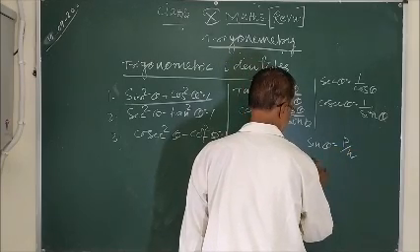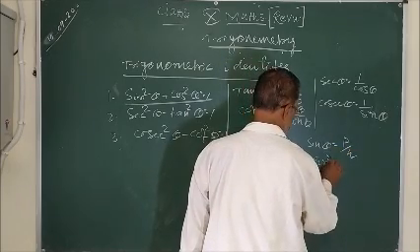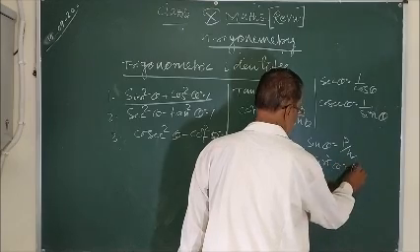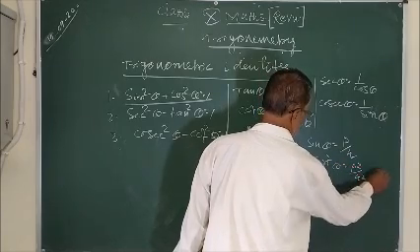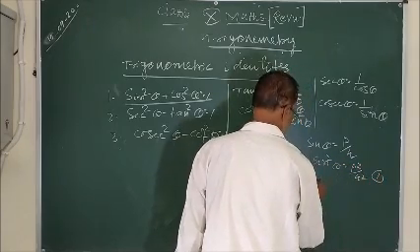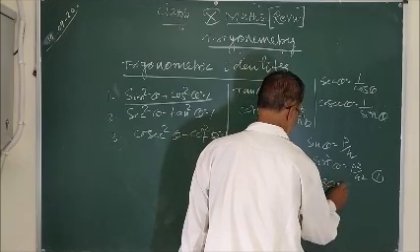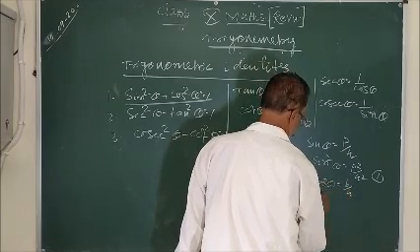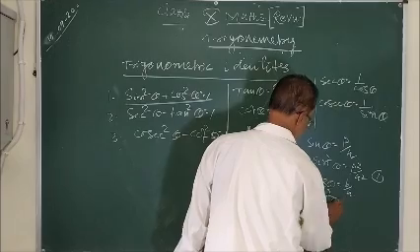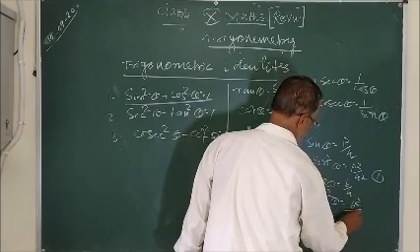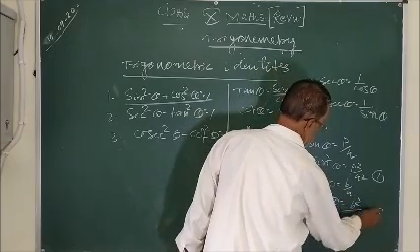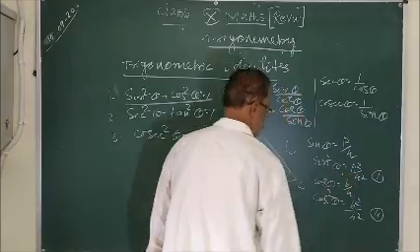Squaring both sides you will get p square upon h square. Number 1. Now find cos theta, b by h. Squaring, cos square theta is equal to b square upon h square. Number 2. On adding these two.